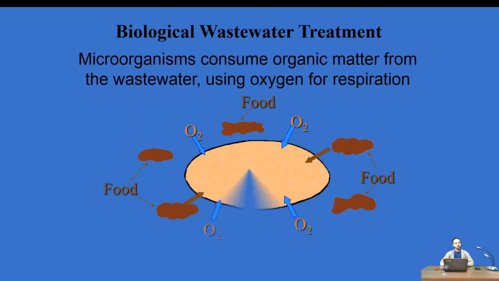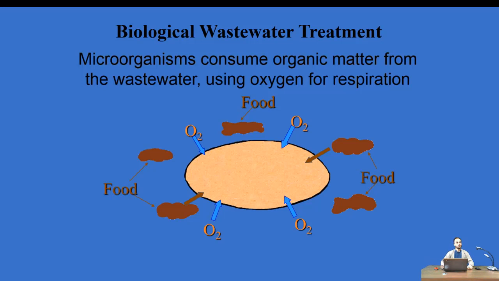How does biological treatment work? Microorganisms in the wastewater or in the aeration tank will consume organic matter from the wastewater using oxygen respiration. As we see in this figure, the microorganisms and the food, which is related to the contaminants. It is like food for these microorganisms.